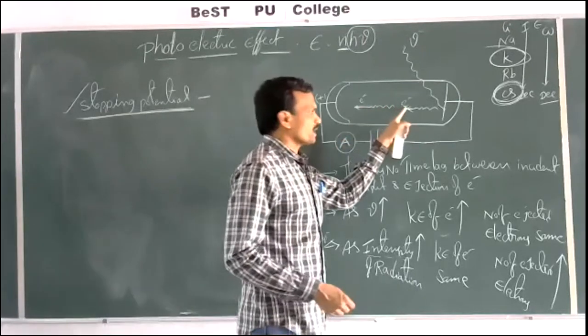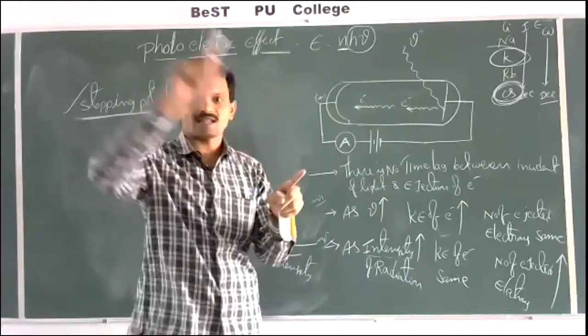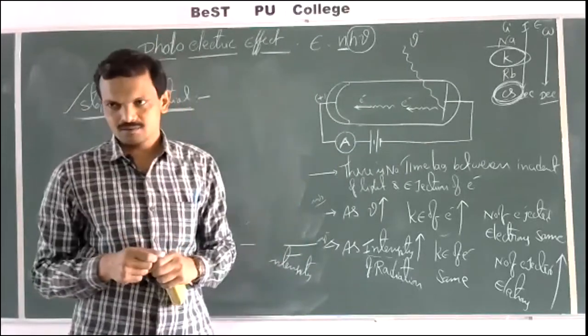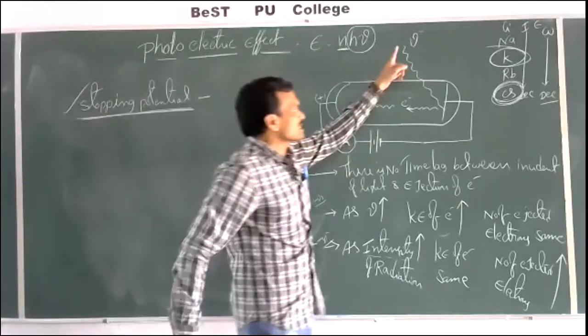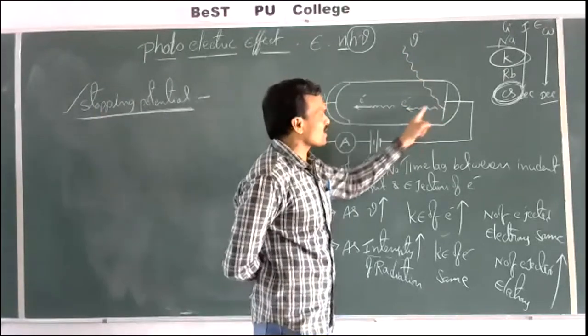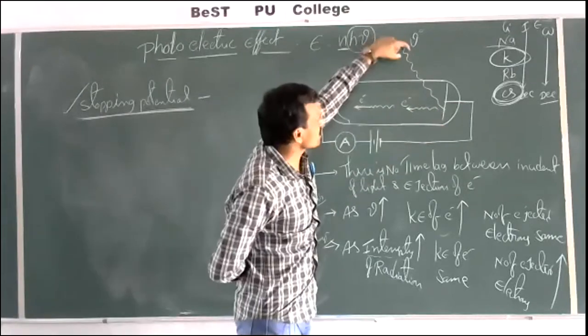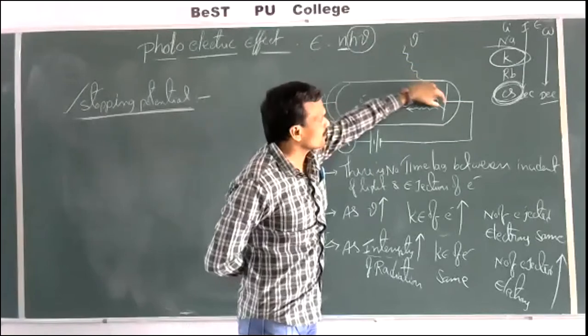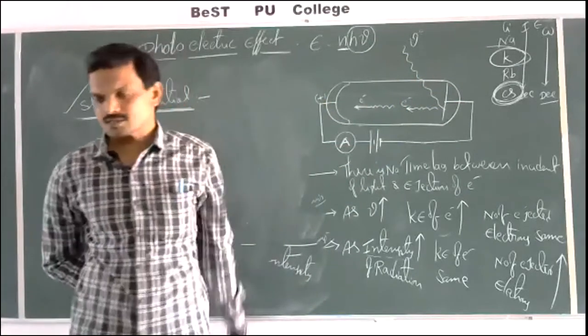An electron is a material particle. A material particle can be displaced by another material particle, otherwise it is not possible. Since this incident radiation ejects electrons from the surface of the metal, it means that this radiation has material particles of negligible mass.